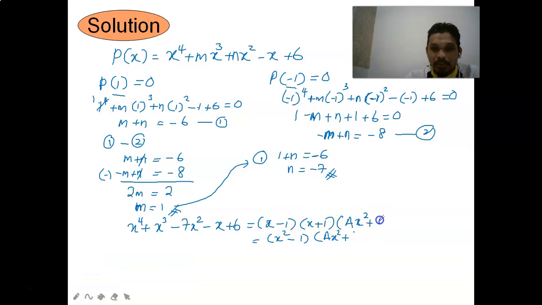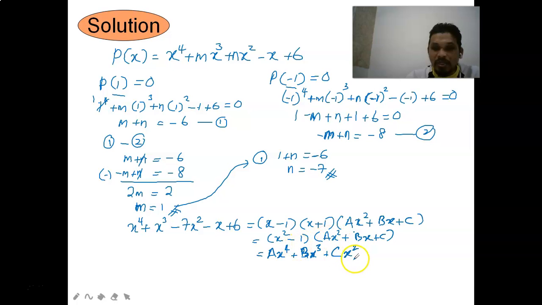So I write this one as ax squared plus bx plus c. Then ax squared times x squared gives ax to the power of 4, then bx times x squared gives bx cubed, and c times x squared gives cx squared.